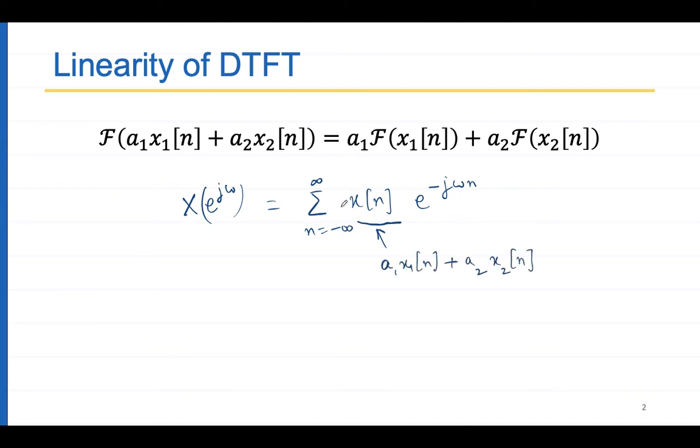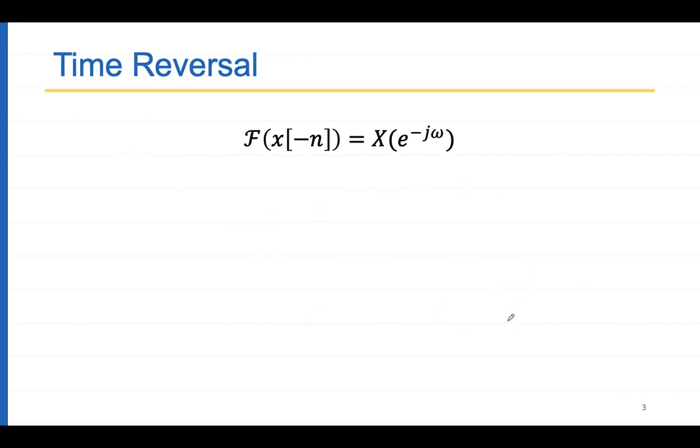Now, you substitute x[n] with a1 x1[n] plus a2 x2[n], and you see that everything will distribute evenly because the summation is linear, and this product will be distributing over it, and you will simply get a1 times X1(e^jω) plus a2 times X2(e^jω). It's very simple.